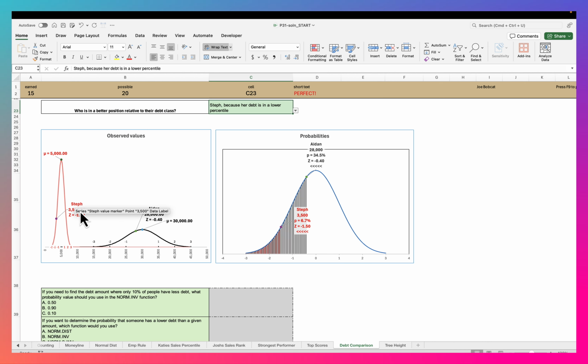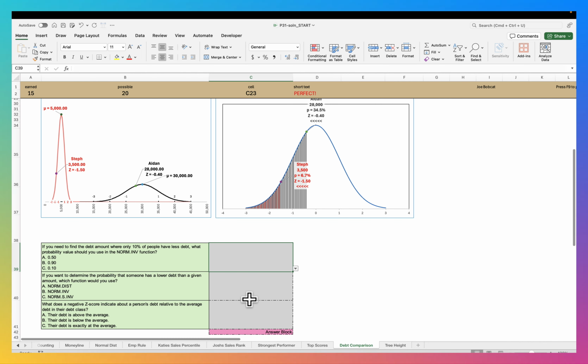She's at 3,500, but she's way below that because the standard deviation is so small. All the observations are clustered close together. And you can see that even better here. There's Aiden in the 34th percentile, and here's Steph in the 6.7 percentile.